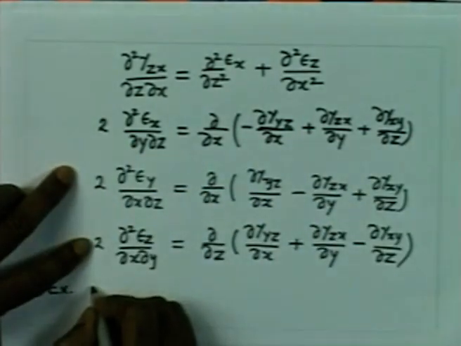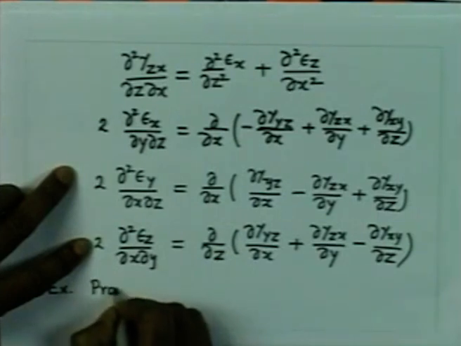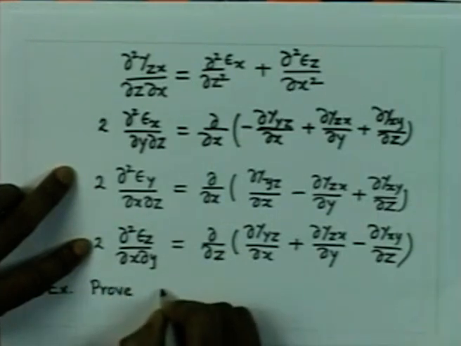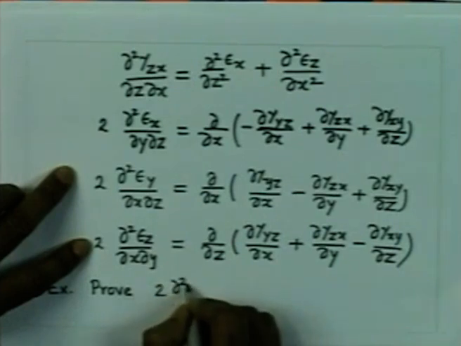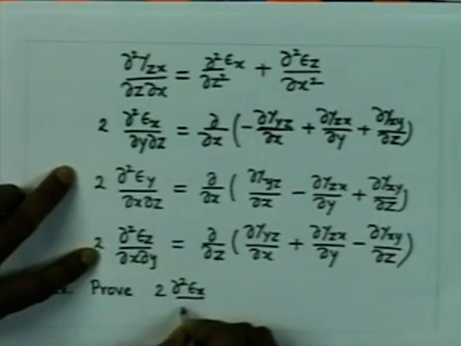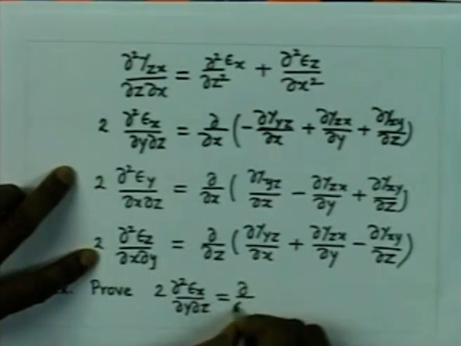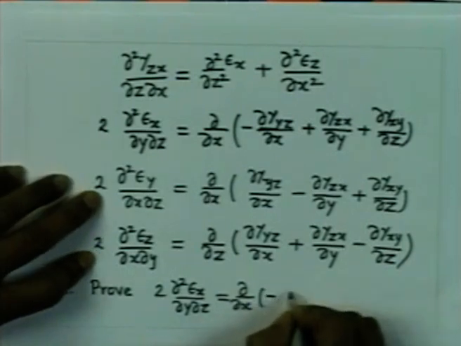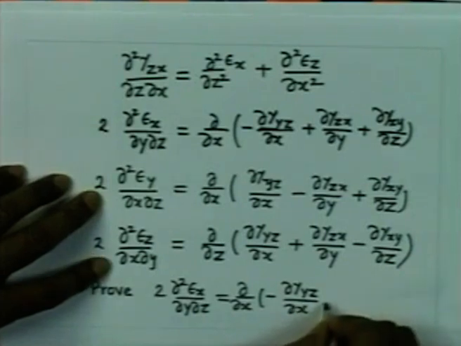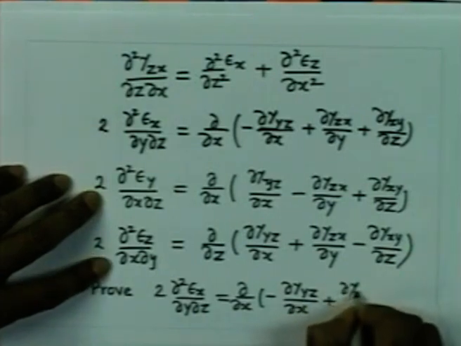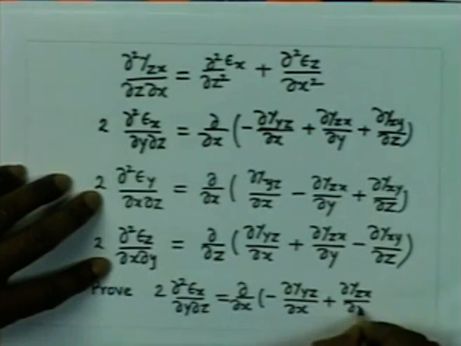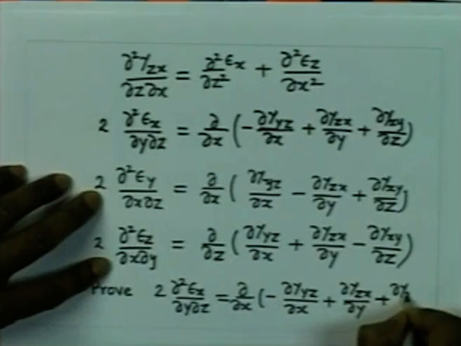So, therefore, prove delta by delta x of minus delta gamma yz by delta x plus delta gamma zx by delta y plus delta gamma xy by delta z.